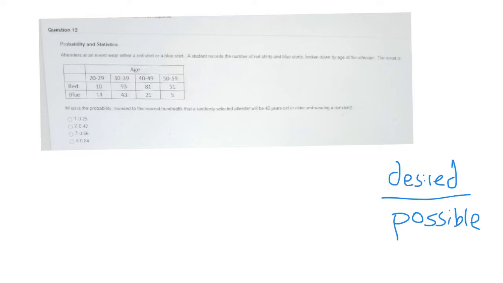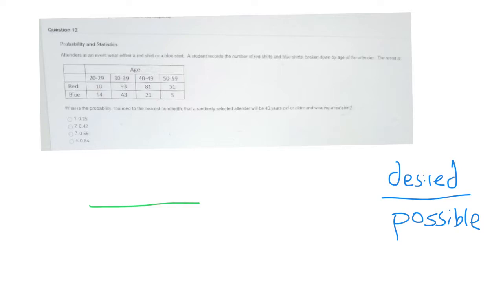Now, you may recall that I said before, it's often easy to figure out what the possible outcomes are, so let's think about that first. If we want to know the probability that a randomly selected attendee will be 40 years old or older and wearing a red shirt, the possible outcomes would be the total amount of people in general.